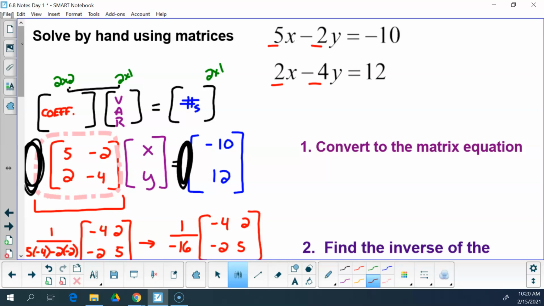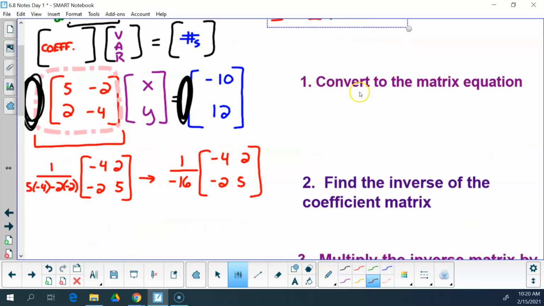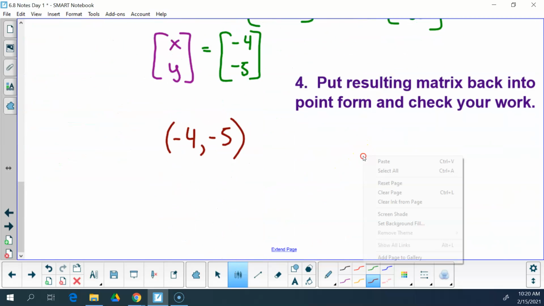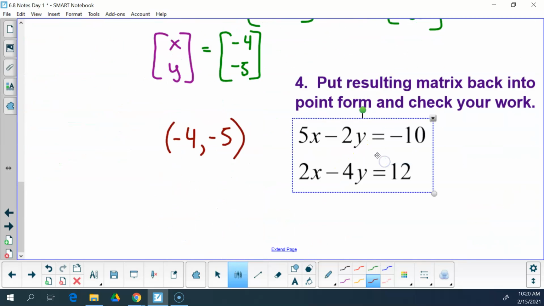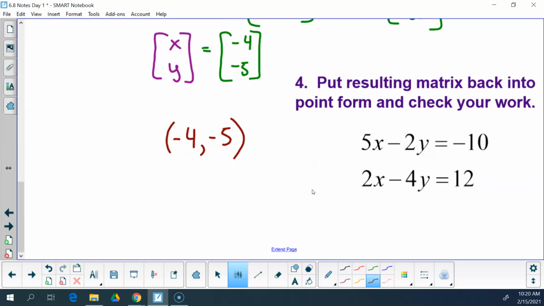Actually, what I can just do is copy and paste here. So 5 times negative 4 is negative 20.